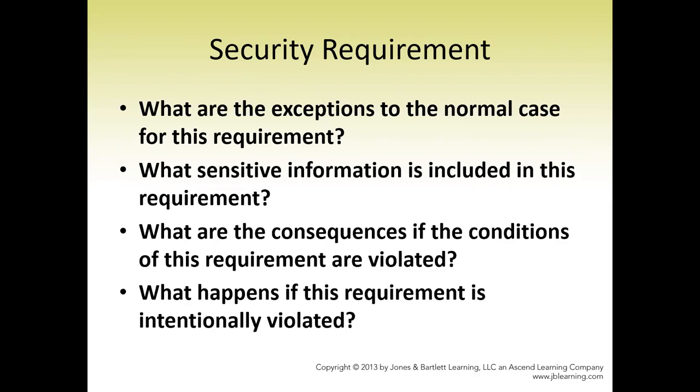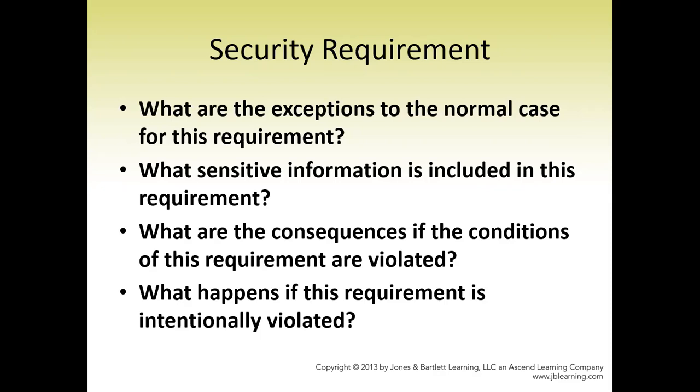What are the exceptions to the normal case for this requirement? What sensitive information is included in this requirement? What are the consequences if this requirement is violated? So, for example, you're creating a database. Will only the password be protected? No, you will protect maybe the date of birth, you will protect the social security number, you will protect all other information.